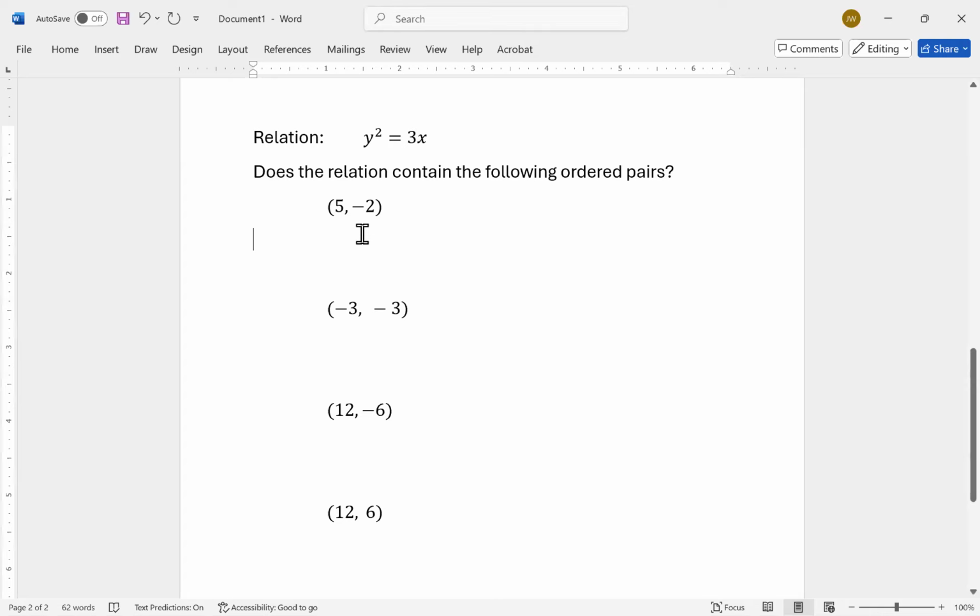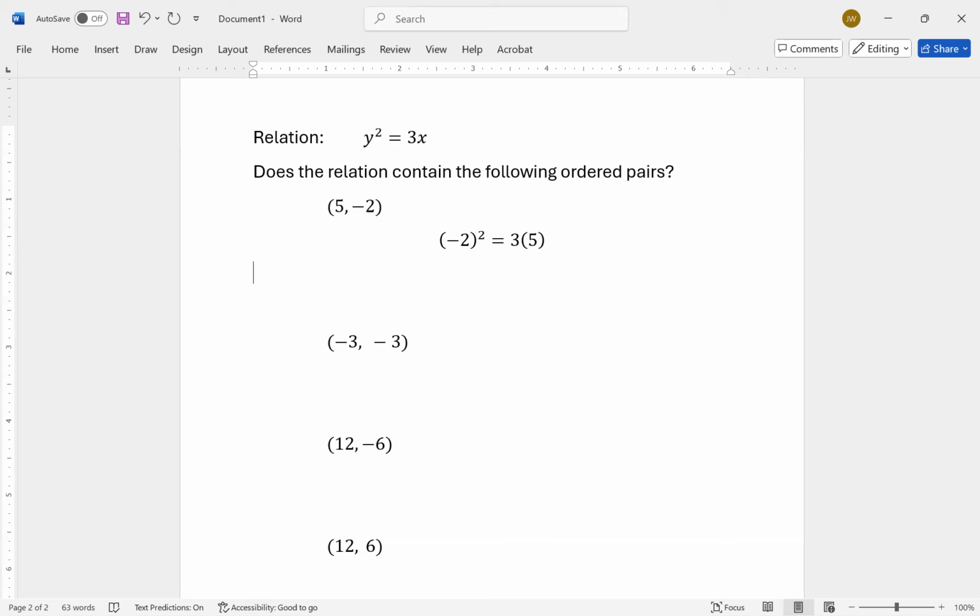Once again, I'm just plugging my inputs into x, my outputs into y, and seeing if I get a true statement. So (5, -2). Be careful when you plug this in, because the -2 needs to go inside the parentheses so that the entirety of -2 gets squared and is equal to 3 times 5.